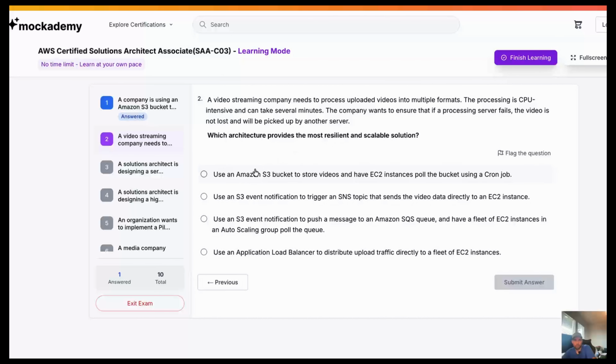Option 1, use an Amazon S3 bucket to store videos and have EC2 instances poll the bucket using a cron job. Option 2, use an S3 event notification to trigger an SNS topic that sends the video data directly to an EC2 instance.